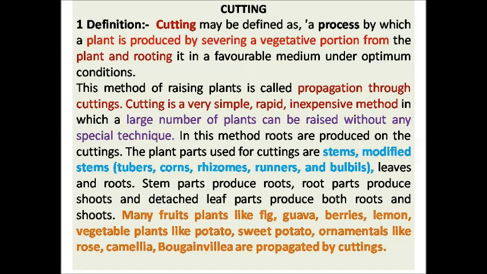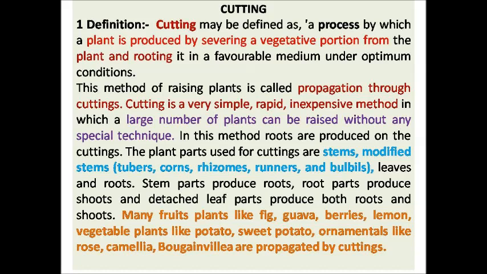This method of raising plants is called propagation, through which a large number of plants can be raised without any special technique. In this method, roots are produced on the cuttings.